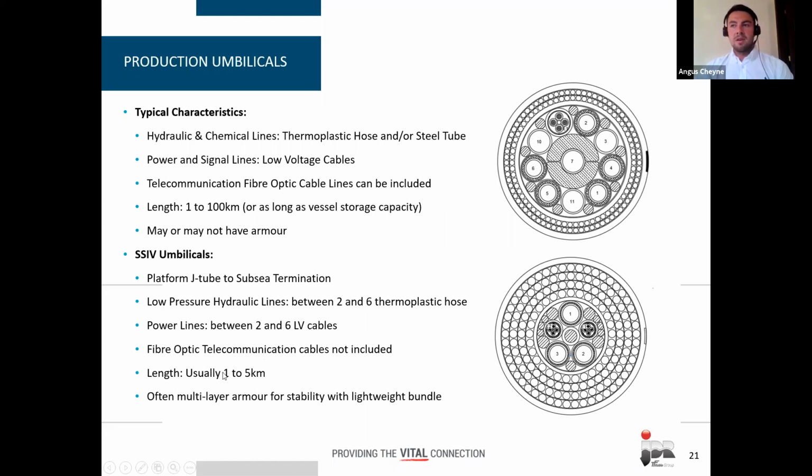Because of the proximity of the platform to the shut-off valve, they're typically quite short in length as well. As you'll see in this example, it has a high number of armor layers. This is because with such a lightweight bundle, it's often important to add additional weight through the armor to ensure that it's stable on the seabed.